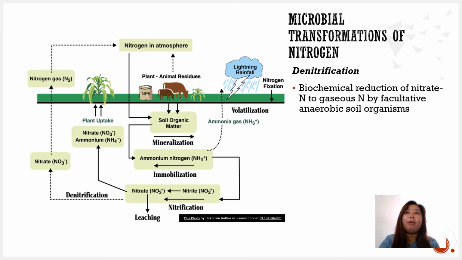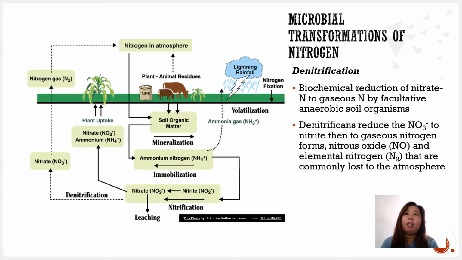It is a biochemical reduction of nitrate to gaseous nitrogen by facultative anaerobic soil organisms. The denitrifiers reduce the nitrate to nitrite, then to gaseous nitrogen forms, which is nitrous oxide, or it can be elemental nitrogen that is commonly lost to the atmosphere.